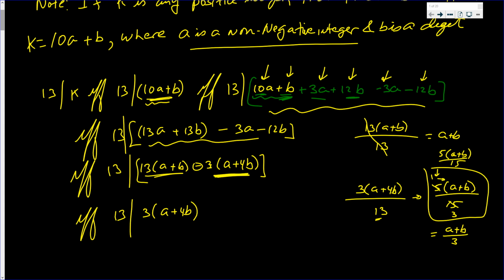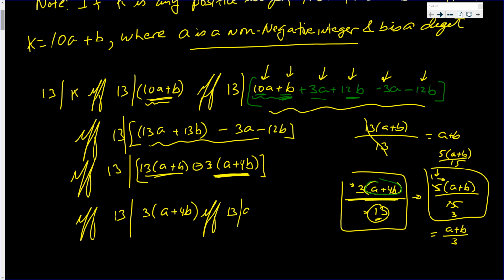That's for sure. But in our case, you can't reduce the 13 into 3 at all. That is, if 13 is going to divide into the numerator, then 13 has to go into the a plus 4b. That is, if and only if 13 goes into a plus 4b. And remember, the a and the b came from k being 10a plus b.